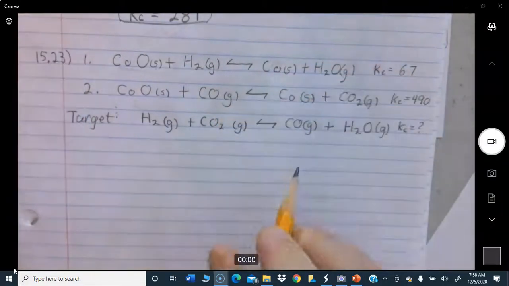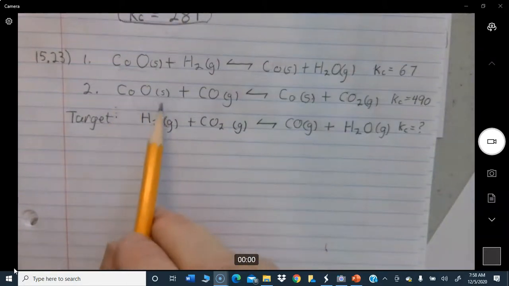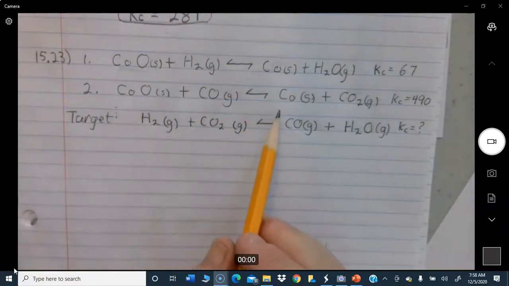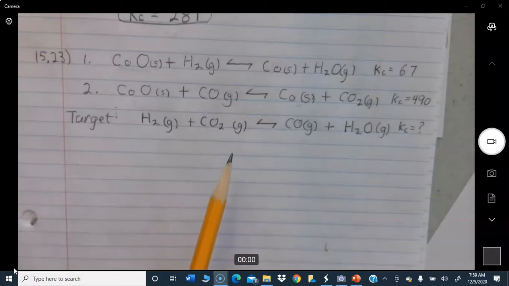That's cobalt, a solid there. And you also find a solid with cobalt oxide again here, and cobalt solid here. So you would not include those in a law of mass action if you were writing it.